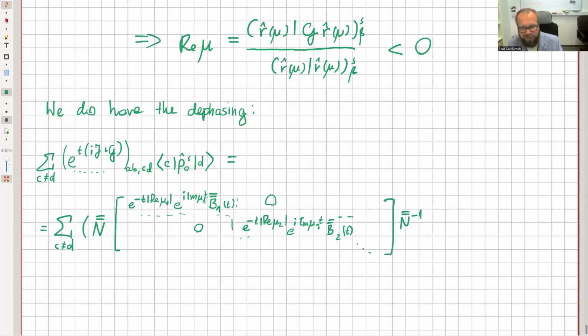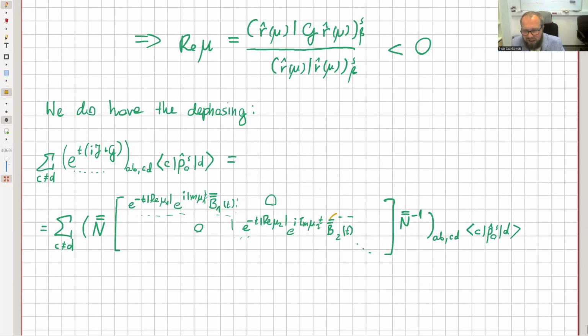Flip back to the original basis and take matrix elements.